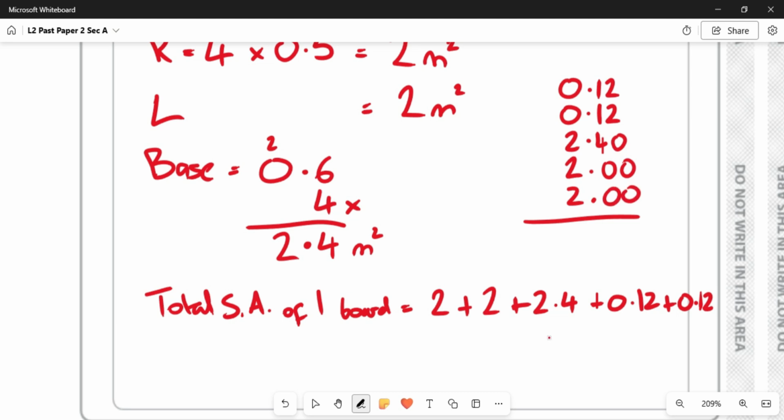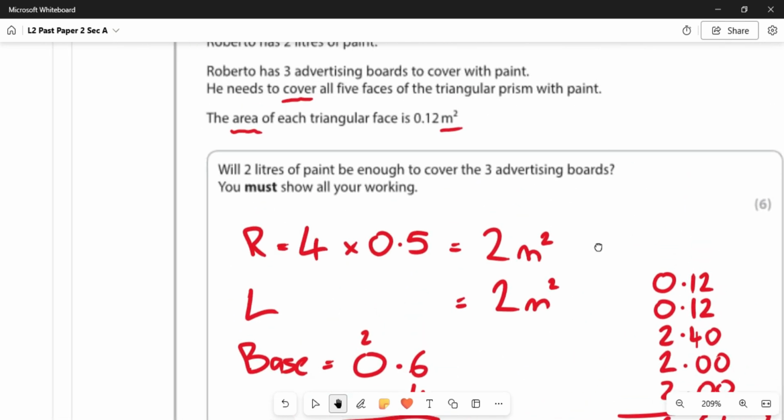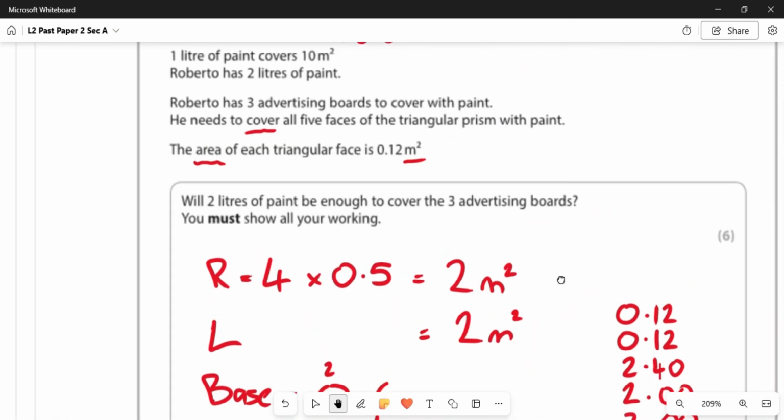So 2 plus 2 gives me 4. 1 plus 1 plus 4 is 6. And that's 2 plus 2 plus 2, which is another 6. So I reckon for one board, it will be 6.64 meters squared. Yep, so that's the surface area of one board.